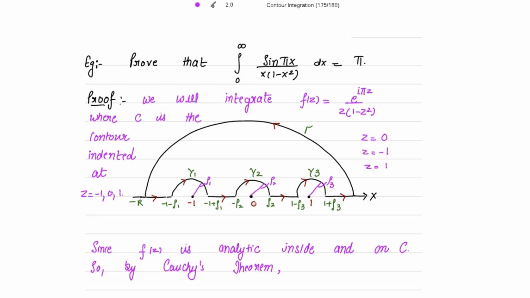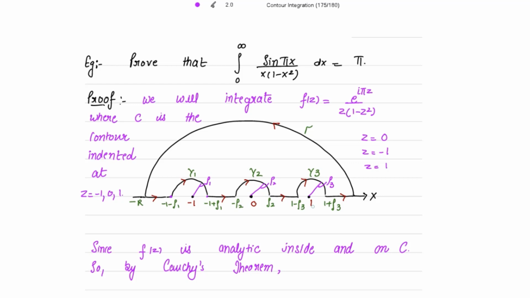Here I'm having the point 0, so this is rho 2 and this is negative rho 2. Now here I'm having -1, so this point will be -1 plus rho 1, and this point will be -1 minus rho 1, right?